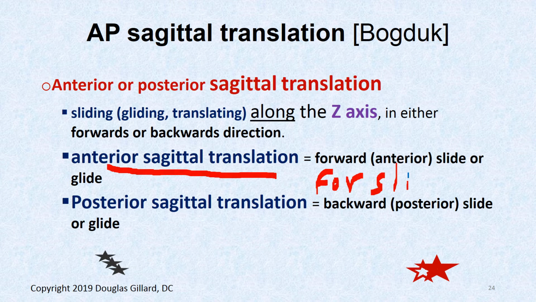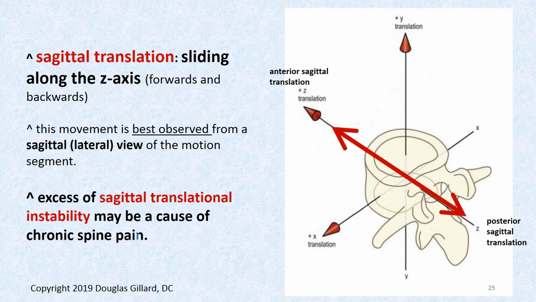That's kind of the slang name for it. But that's an anterior sagittal translation. Posterior sagittal translation is a backward slip, or a backward slide, or a backwards glide. Can I add slip? Maybe I'll make a note here to add slip in there, because that's how many clinicians talk about these slips.